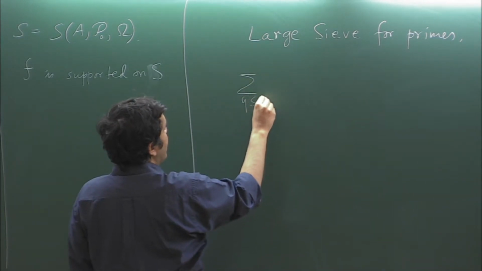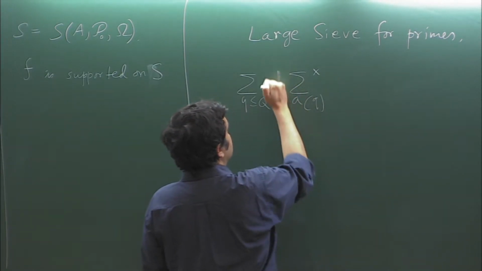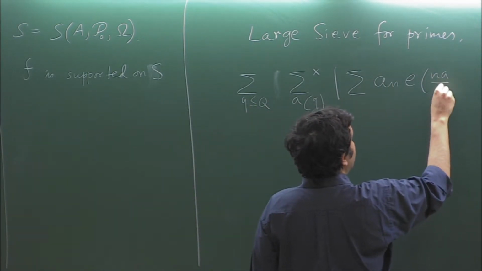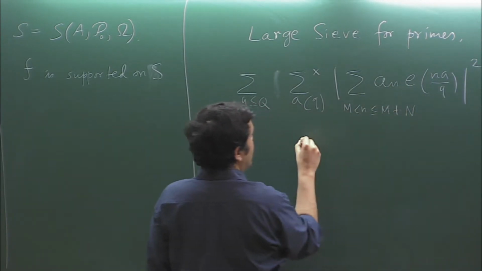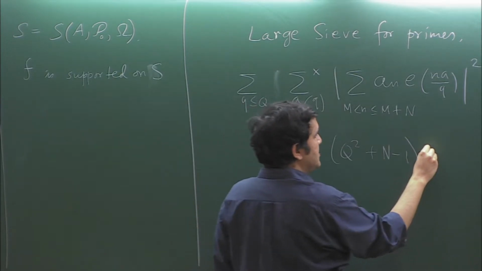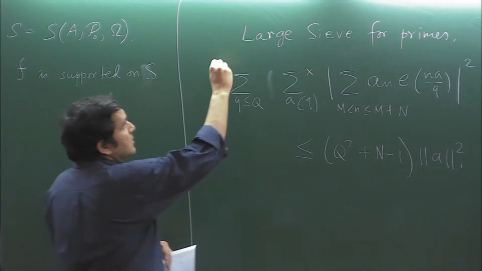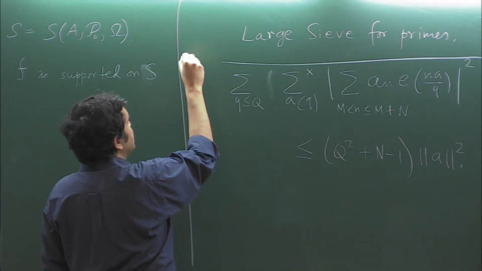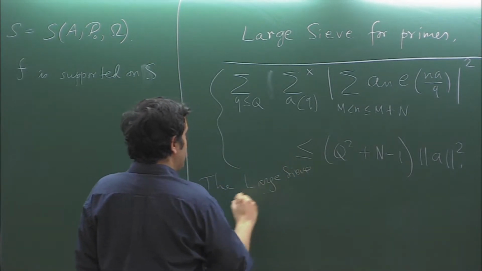You have q up to Q, a mod q, the sum of a_n e(na/q), with n from M to M plus N, and this was bounded by (Q squared plus N minus 1) times the norm of a squared. So this is the large sieve inequality.